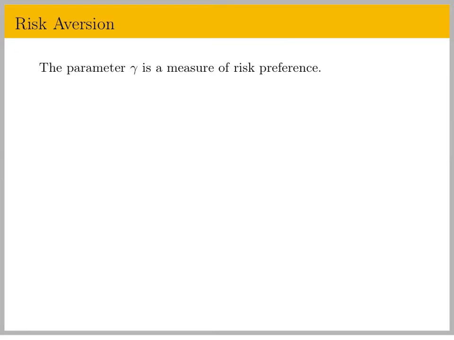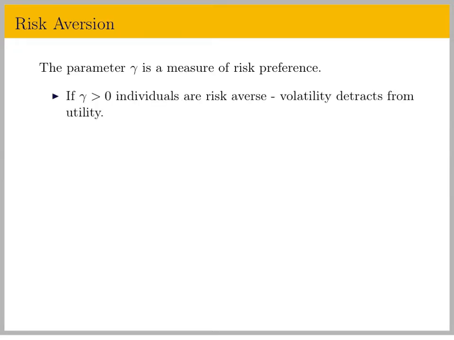Now, the parameter gamma is a measure of risk preference. When gamma is greater than 0, we say that individuals are risk averse, because in this case, volatility detracts from utility. If you recall, the utility looks like u of mu, sigma equals mu minus gamma, well, there's a 1/2 here, sigma squared.